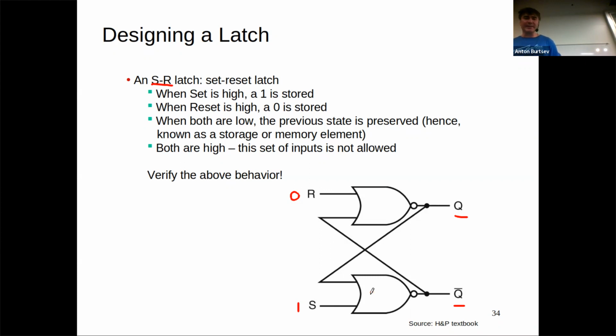It does an OR and then inverts the signal. No matter what value we have here, we can call it X, if we have 1 as an input, what will be the output here? No, before the inversion. From the OR gate, it will be 1, and after inversion, it will be 0.